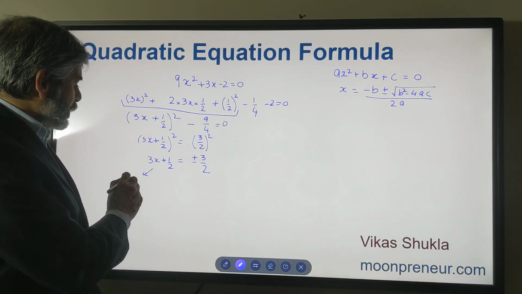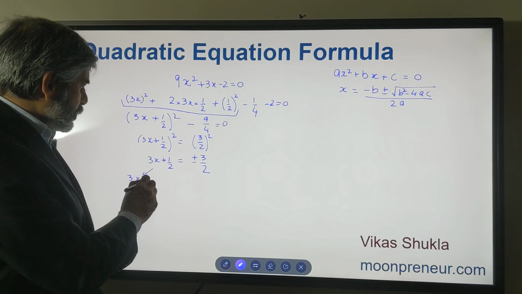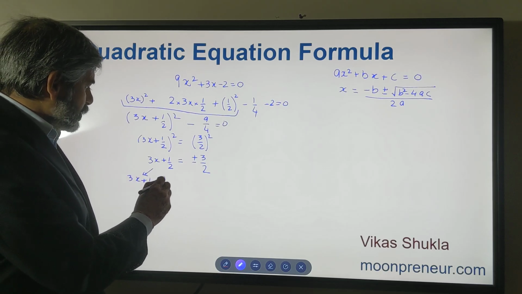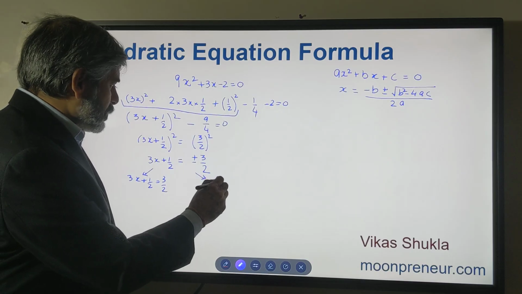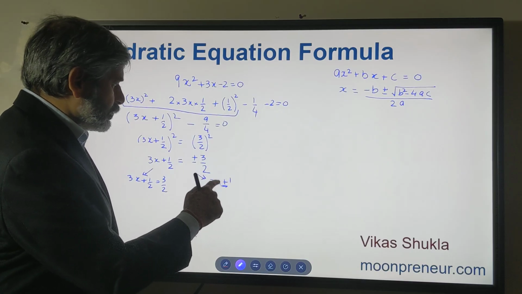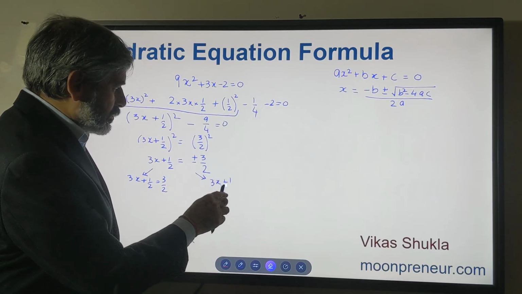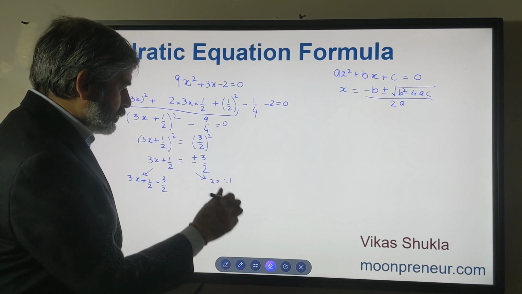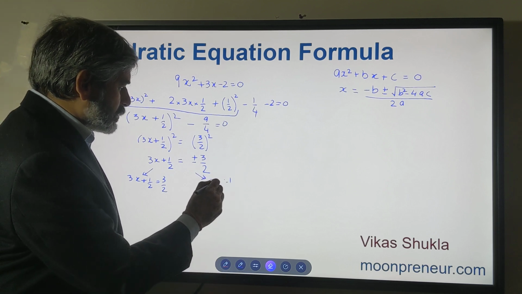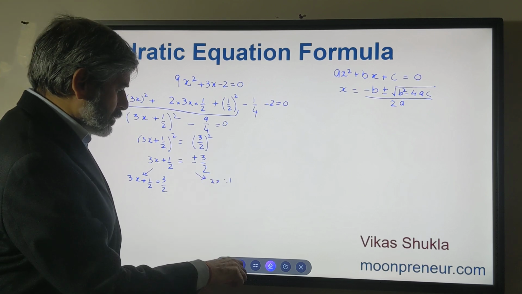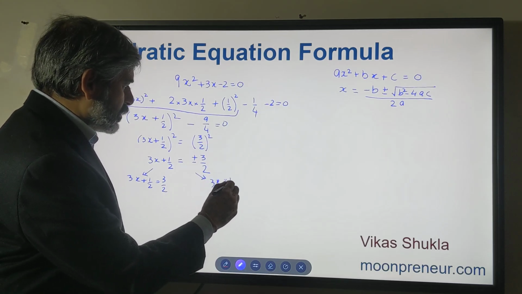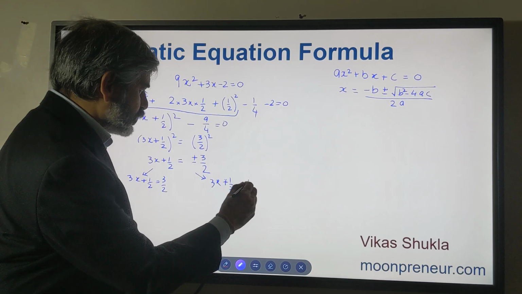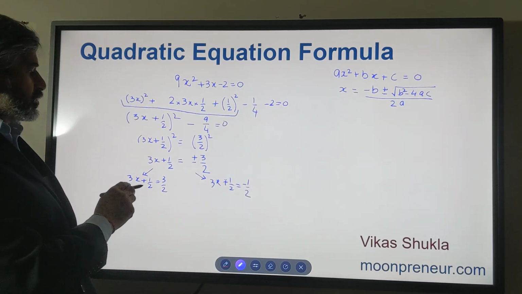The positive value will give 3x plus 1 by 2 equal to 3 by 2, and the negative value will give 3x plus 1 by 2 equal to minus 3 by 2, and you can solve it.